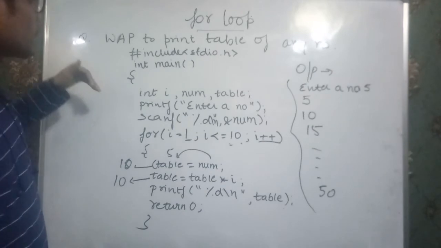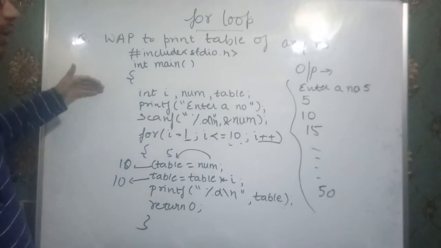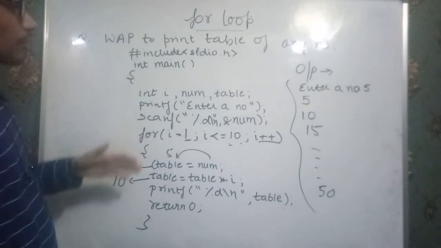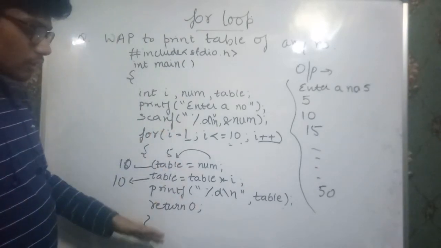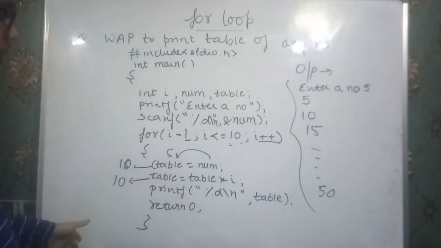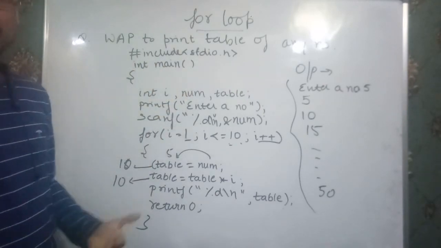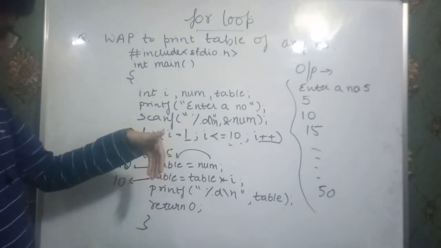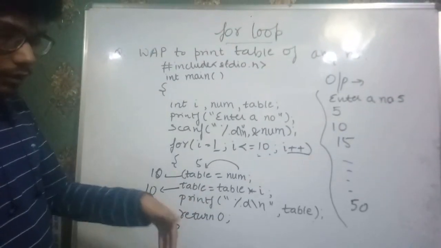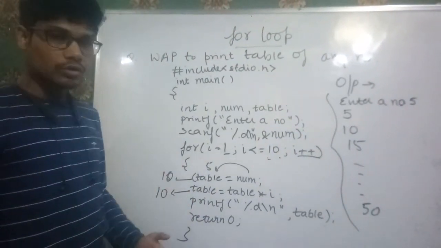I hope you have got the for loop, while loop, and do while loop in this session. So basically all our basic concepts that are to be taught have been completed here, and if you haven't seen them, you can go to the previous videos shared in the link down the video.